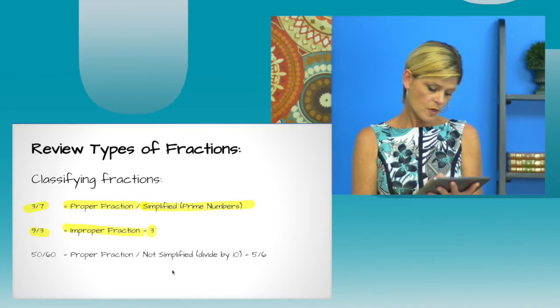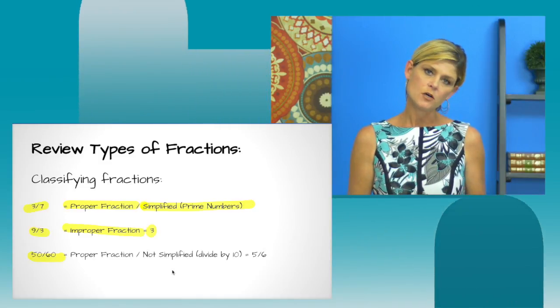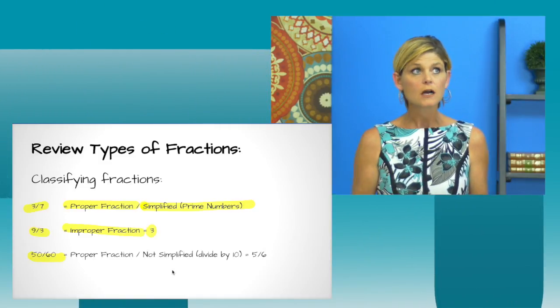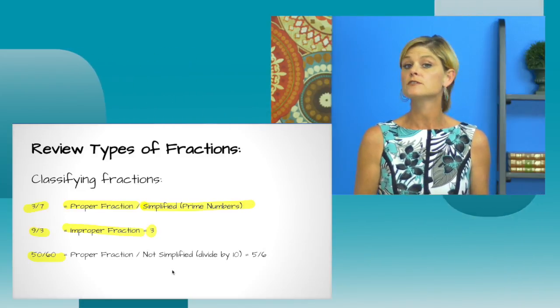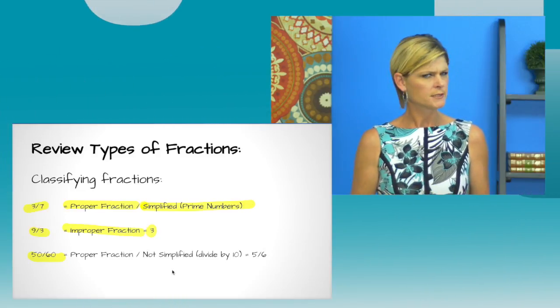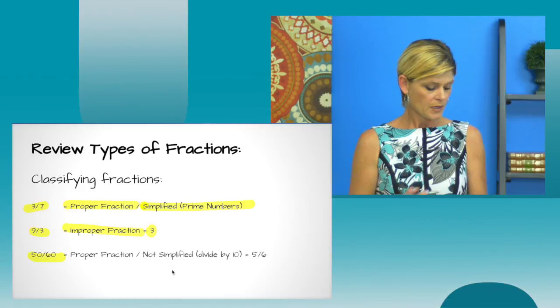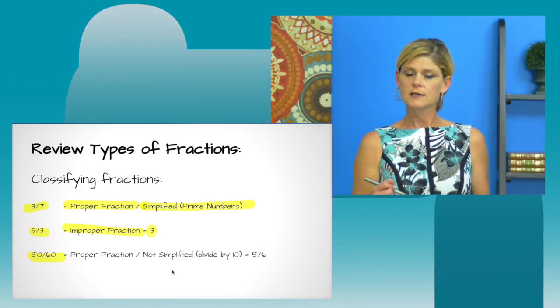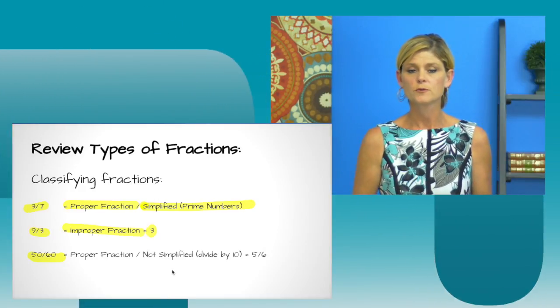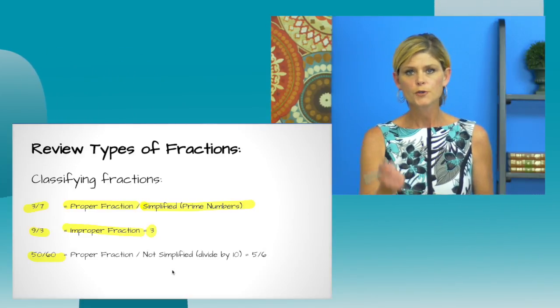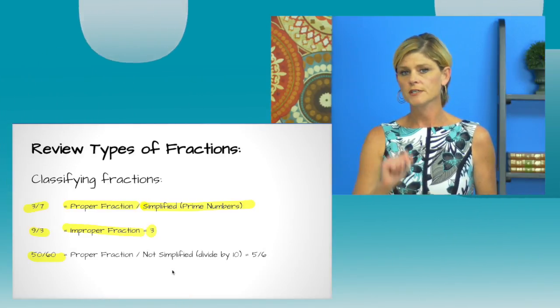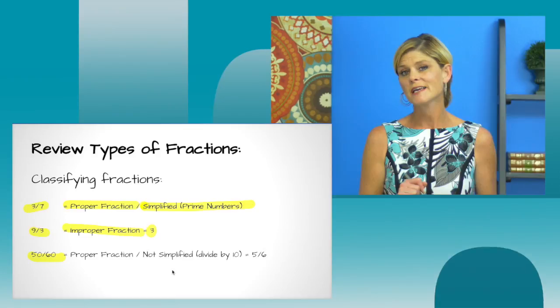Okay. One more. What about 50 over 60? That's a proper fraction because our numerator is smaller than our denominator, but is it simplified? I don't think so. Now, if you wanted to, like I did in the example of 2 over 4 being equivalent to 1 over 2, you could break this down, write out the factors, and then cancel all the numbers that are the same.